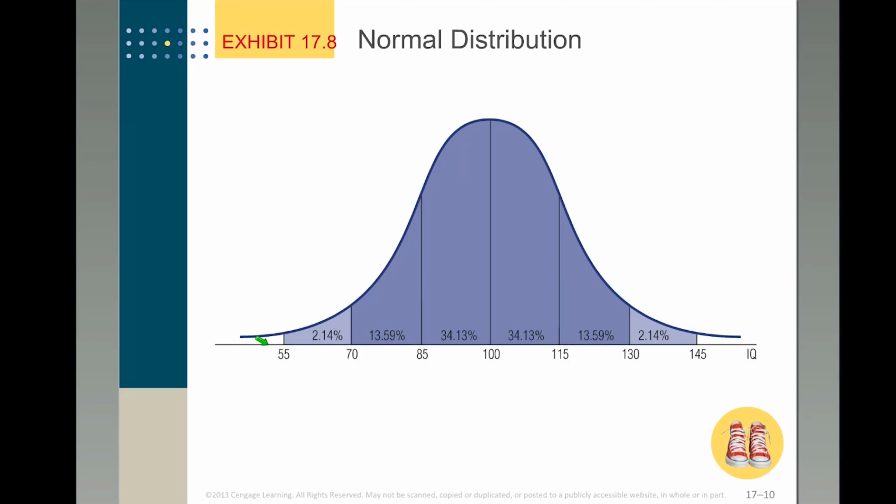If the measure follows a normal distribution, what we find is that if we start from the middle, which is the mean, suppose we're looking at a mean of 100, then through practice, people found that if we add and subtract 3 standard deviations from the mean, that range includes 99.7% of the observations.